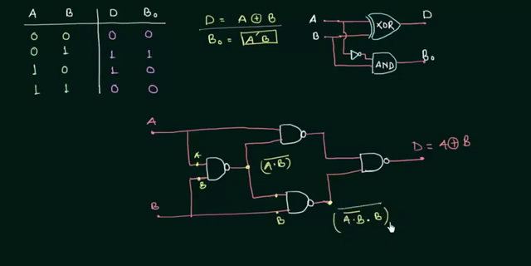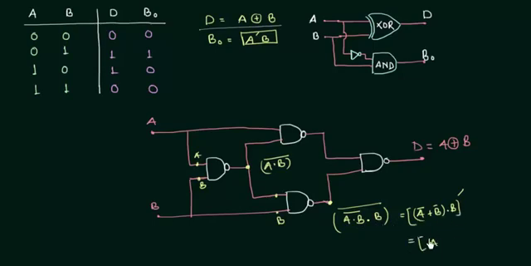Fine. And when you open it down, I'm just trying to open this complement thing, then it will be A complement or B complement, and there is B, this B, and then the whole complement of this thing. Now I'll try to open this bracket by distributive law.